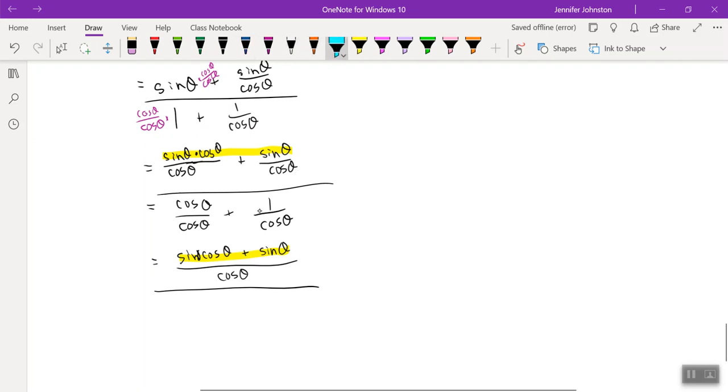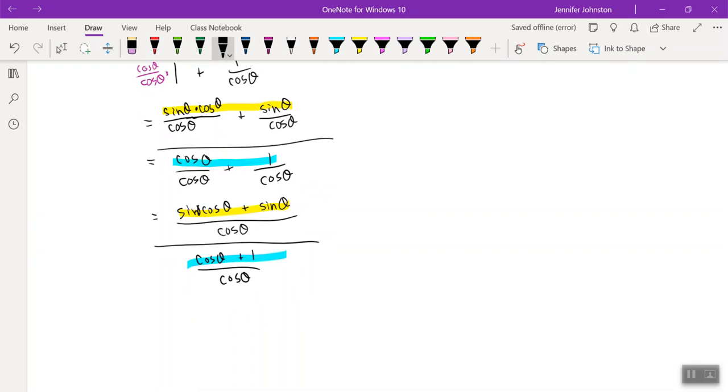Same with the denominator's fraction. I'm going to write these all together under the same denominator. Okay, and as we saw before, this cos and this cos get canceled out, and we're left with the numerator sine theta cos theta plus sine theta all divided by cos theta plus 1.